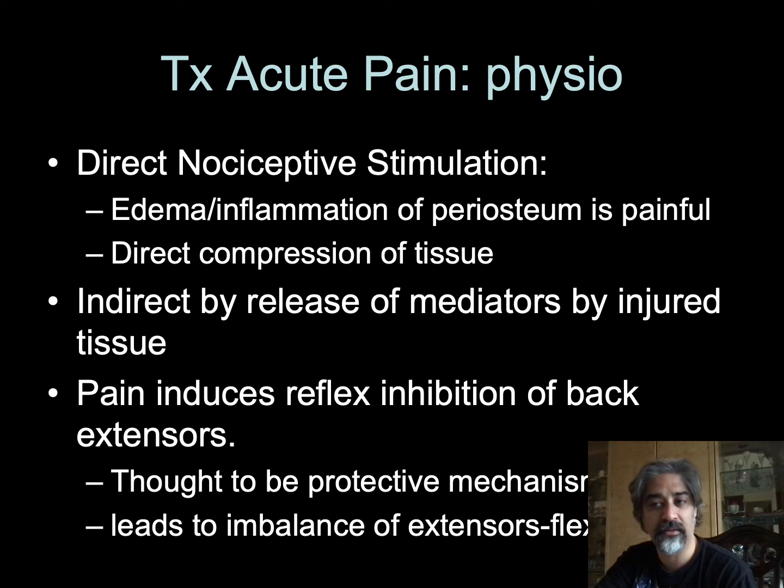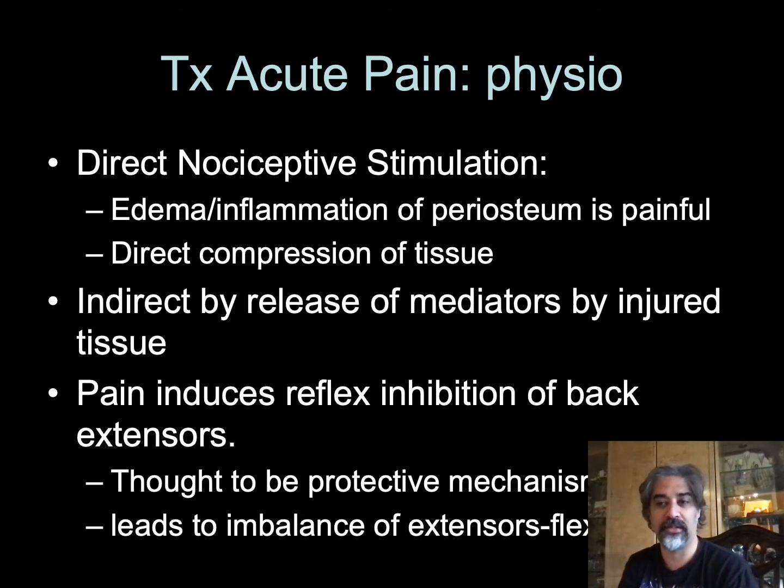So the main objective of physical management is to eliminate pain-induced reflex inhibition. Spinal compression fractures and pain can produce an imbalance between the use of the back extensors, which is the major trunk supportive muscles, and the flexors. And the pain-induced inhibition results in overuse of spinal flexors, and that'll further contribute to the kyphosis.